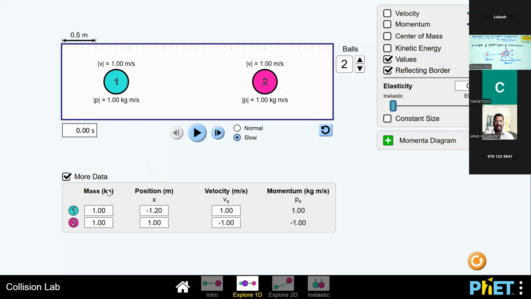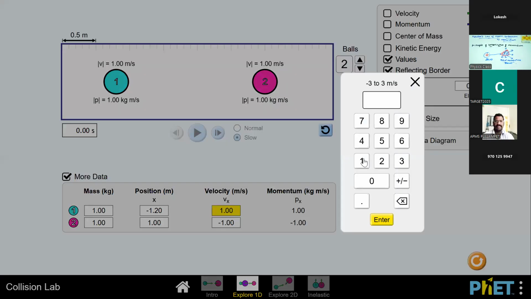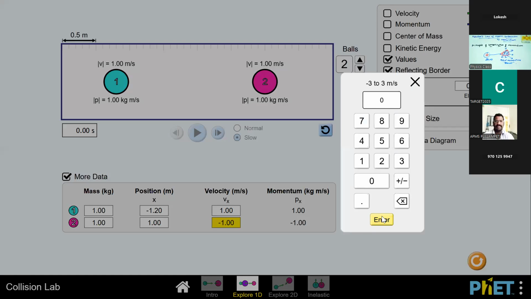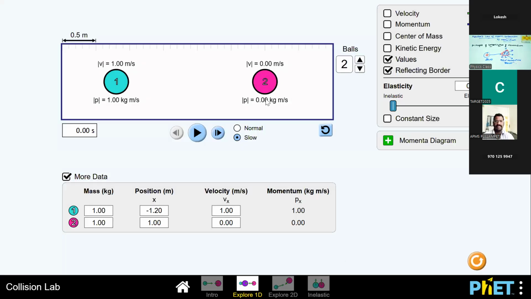First of all, set ball 1 velocity to 1 meter per second. You can put that value here. And set ball 2 velocity to 0. 0 means the second object is at rest.